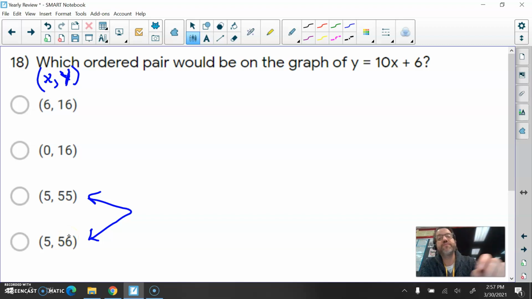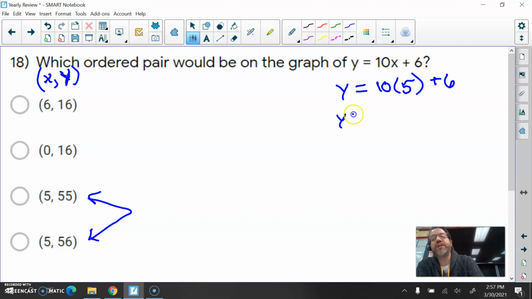Let's see what happens. So y equals 10x. That's 10 times x. So let's try 10 times 5, because in both of those, 5 is your x value. So we're substituting that in for x, plus 6. So y equals 10 times 5 is 50, plus 6.